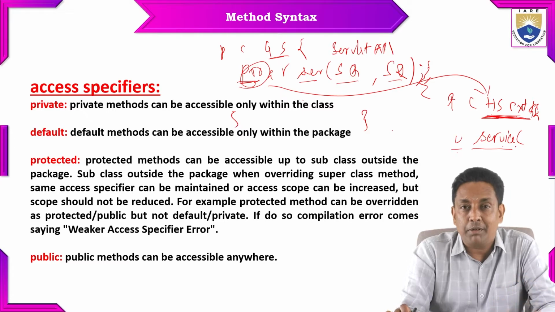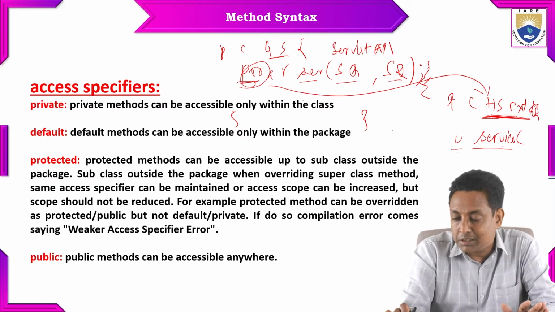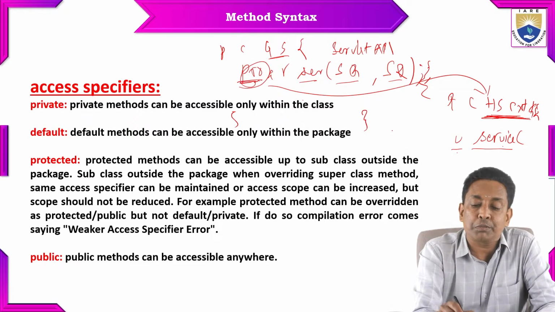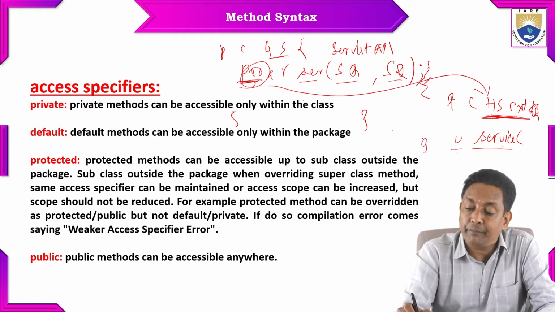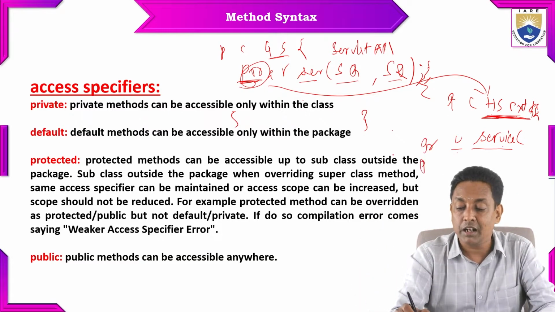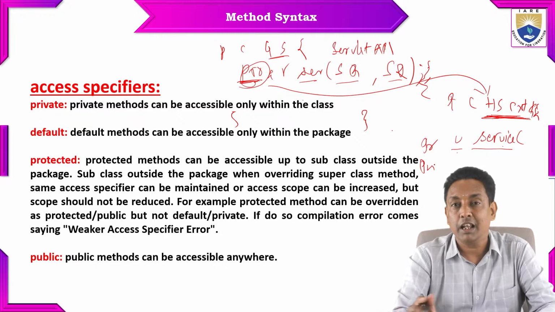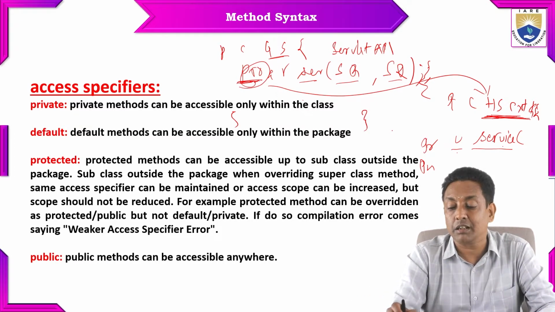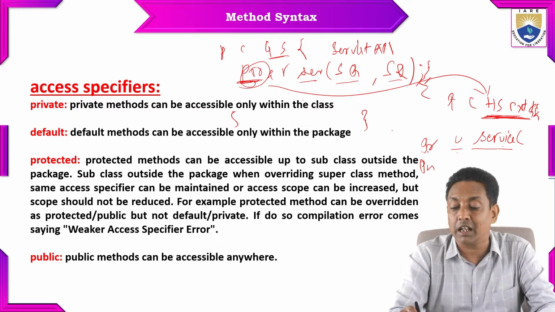Whenever we are implementing or overriding a superclass method in a subclass, the condition is that the same access specifier as the superclass method, or a higher level access specifier, can be applied. If the method access specifier is protected, the superclass method can be overridden as either protected or public.